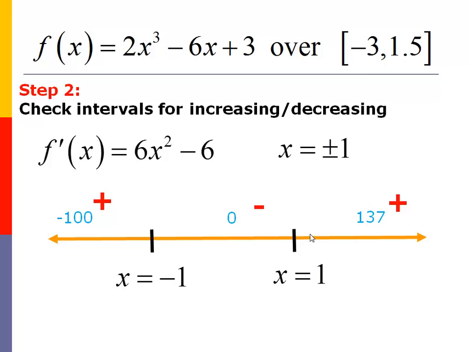And when we go to the right interval, I picked 137 and it came out positive in my derivative. You can pick any other number and it will end up being positive. How do I know that? It's because we found where the derivative was equal to 0. Those are our critical values. Now you see why they're called critical, because they're making our number line really easy to work with.